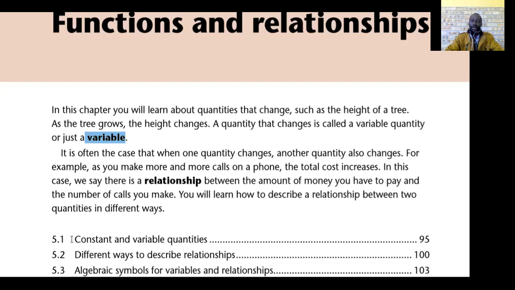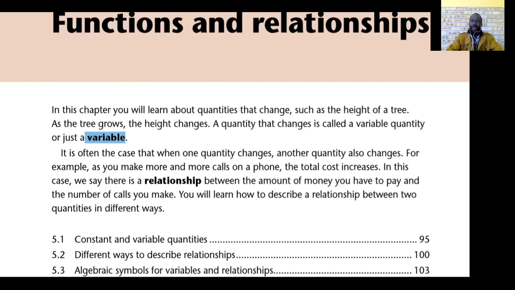We will be looking at a few examples to help us have a better understanding of quantities that we refer to as constant quantities or simply constants, and variable quantities or simply variables. So this is the first thing we will be looking at, that is constant and variable quantities.